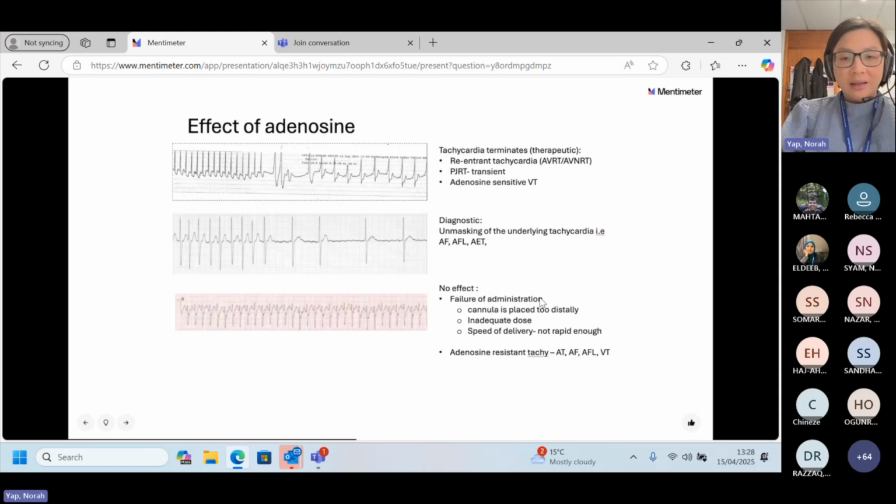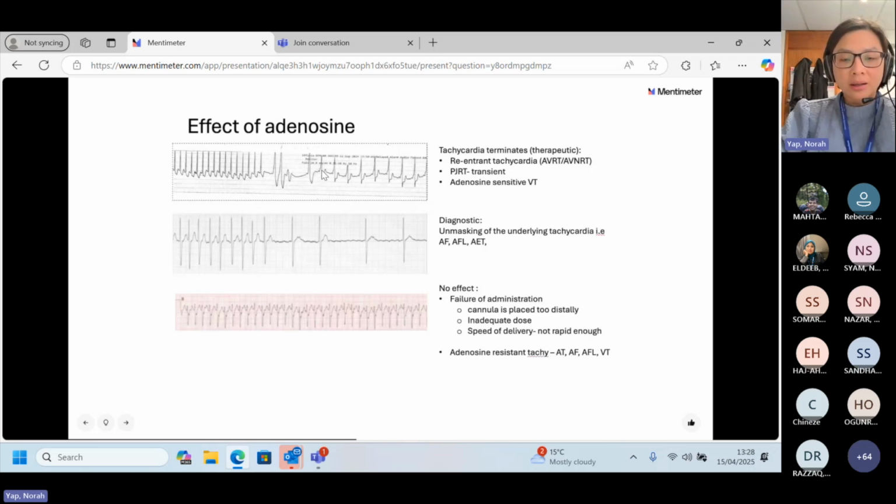Okay, so once you've given the adenosine, you will observe one of three effects. Number one, the tachycardia terminates, and sometimes you get your diagnosis. For example, here there's a narrow complex tachycardia going on, and then it terminates, and you've got pre-excitation.